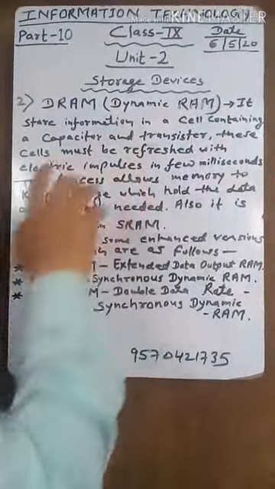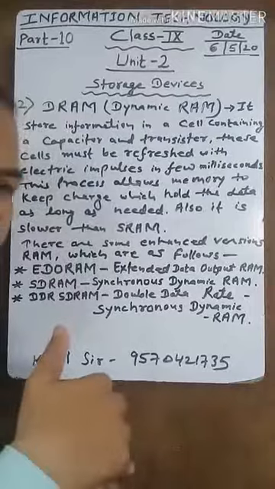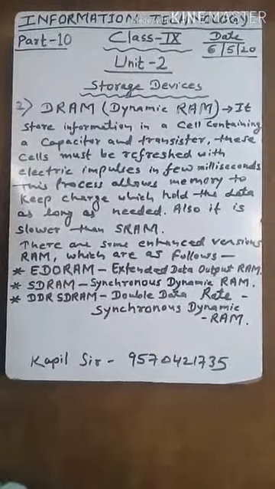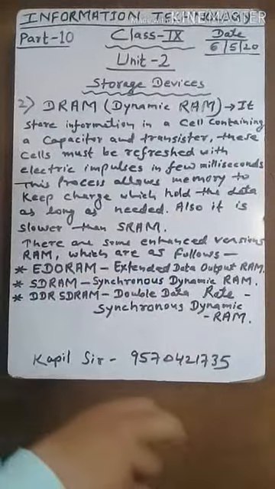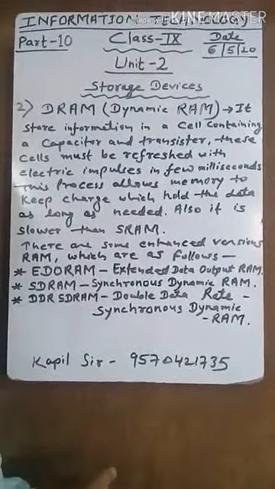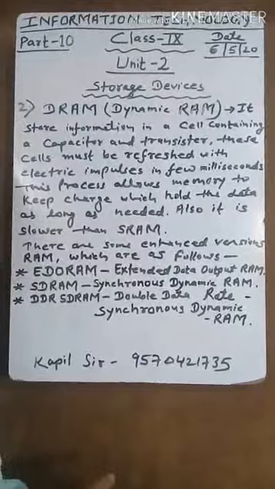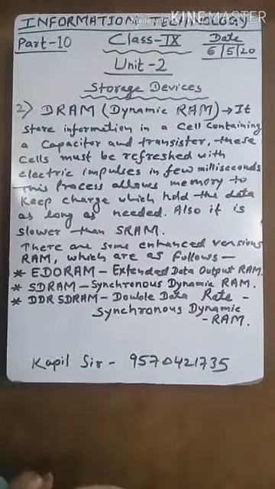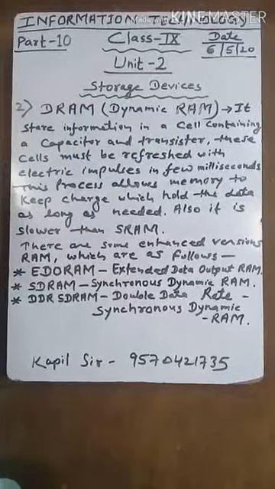That means in a RAM, all information is stored in a cell. In the cell, a capacitor and transistor are available.